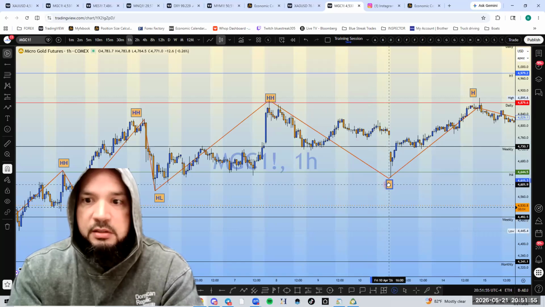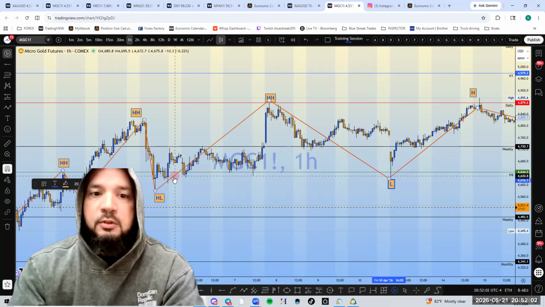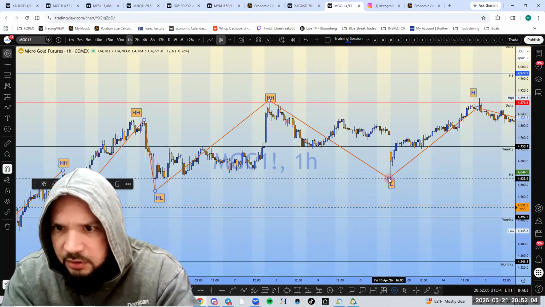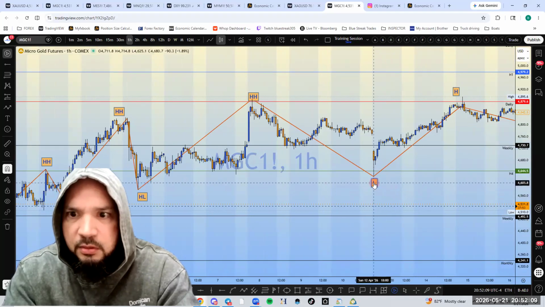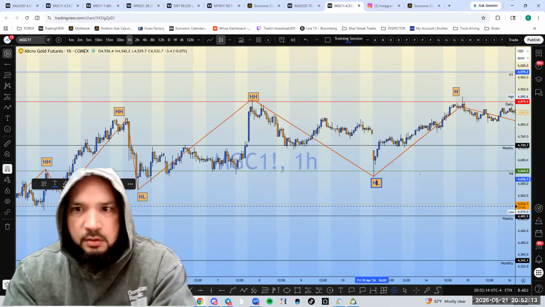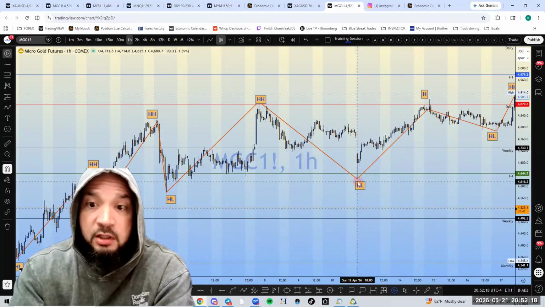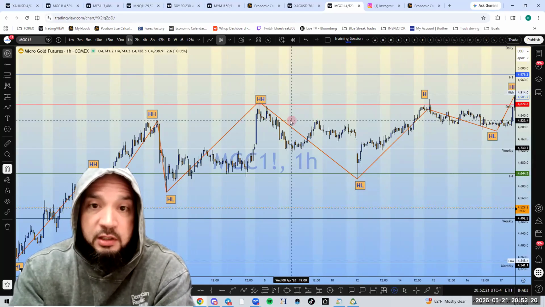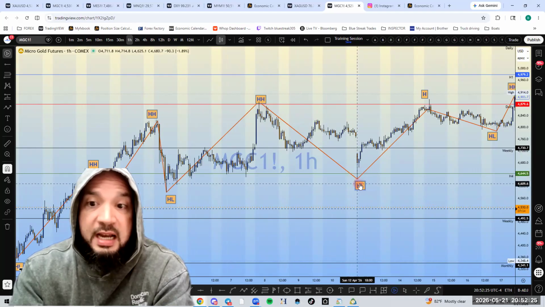Why is this a low, guys? Lower than the other low? Actually, where did it end up? Hold on, let me see. Isn't it lower than the last one when it was zoomed out? No, this is actually a higher low. Yeah, but it's lower than the last. It's a higher low because it's higher than the last low.